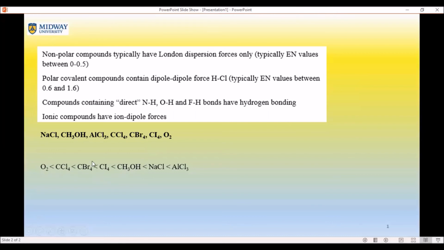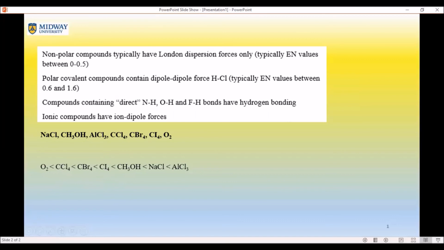Now, how do I know these are not hydrogen bonding? Because there is no OH or FH or NH bonds in all these compounds. So none of them exhibit hydrogen bonding, neither are they ionic. But these three compounds, CCl4, CBr4, and CI4, are all polar covalent. That is, they have an electronegativity difference that's higher than 0.6 but less than 1.6.